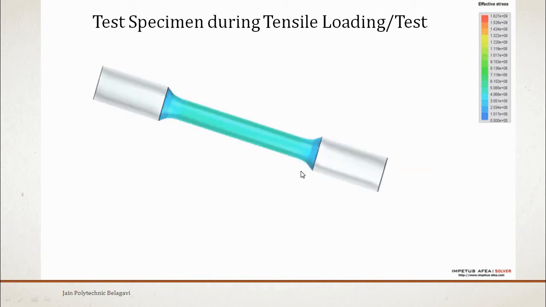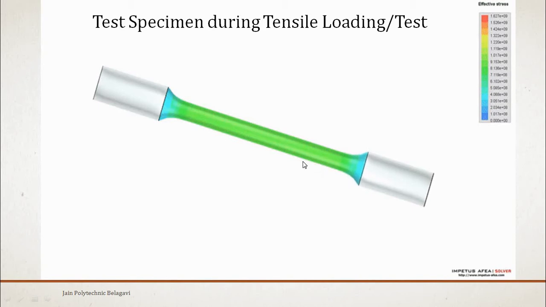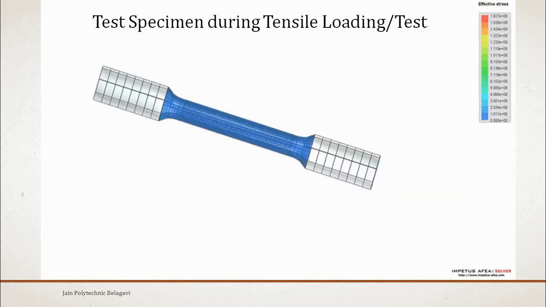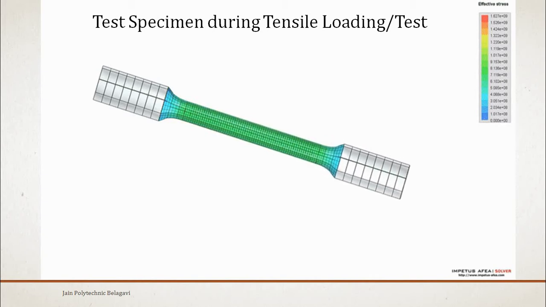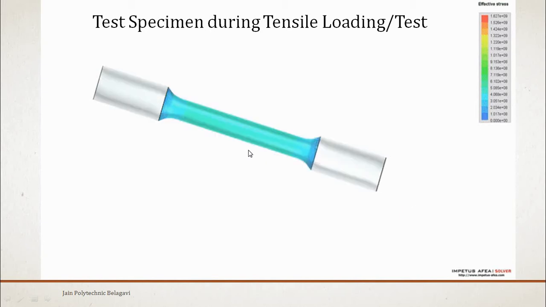So load is going to increase the stress levels. The color variations tell us how the stress is increasing, and due to that increase in the stress, the failure takes place. Let us understand again.